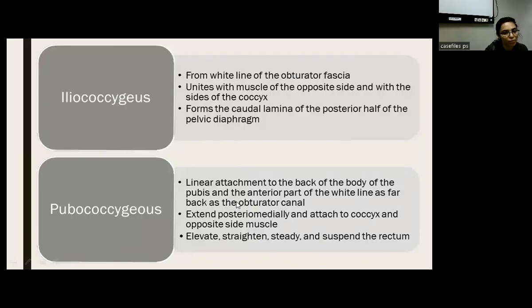This extends posteromedially and attaches to the coccyx and the muscle of the opposite side, and also forms the caudal lamina of the posterior half of the pelvic diaphragm, just cranial to the iliococcygeus muscle, and is stronger than the iliococcygeus part. Both function as elevation, straightening, steadying and suspension of the rectum.